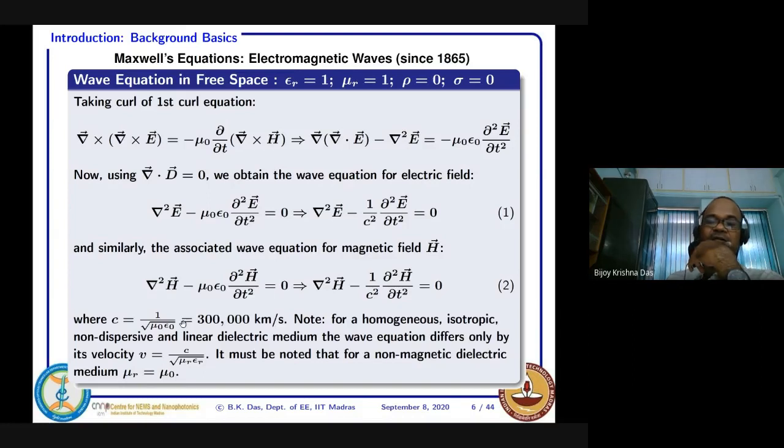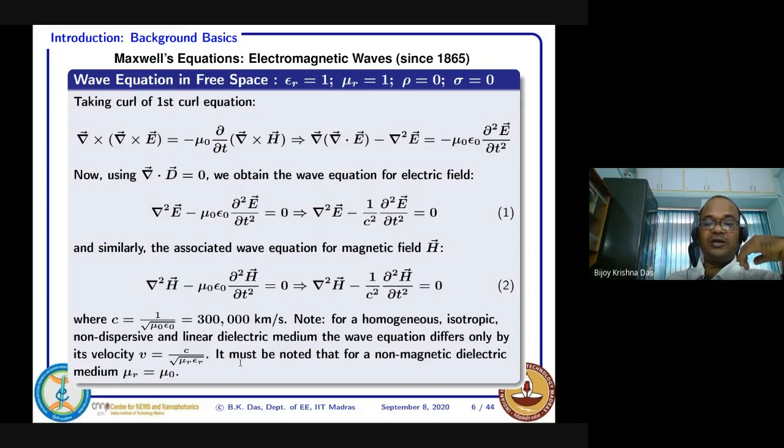Okay, if it is a free space, I just explained till now it is a free space. But if it is a homogeneous medium with a certain dielectric constant, a certain permittivity other than 0, then you can write this thing.